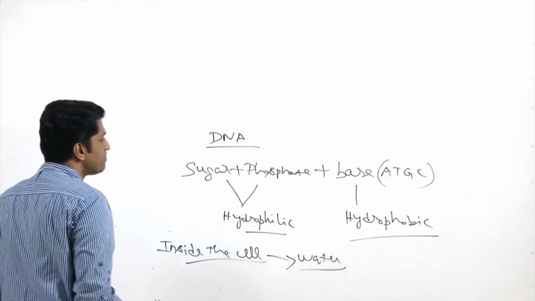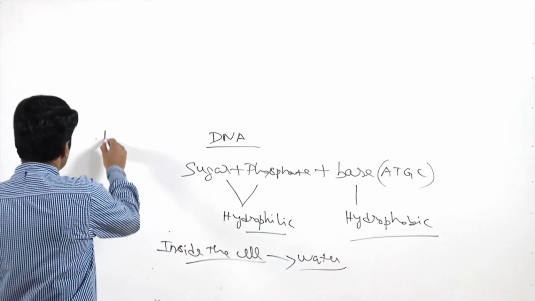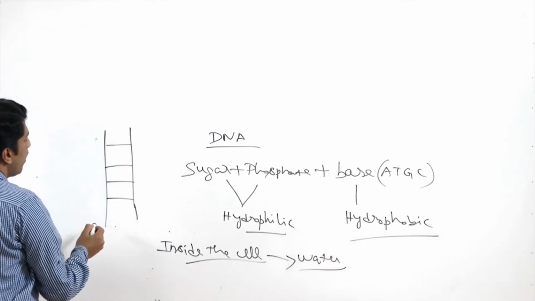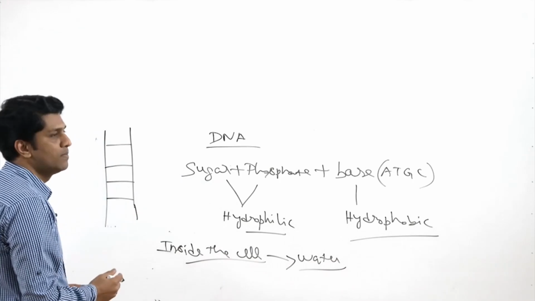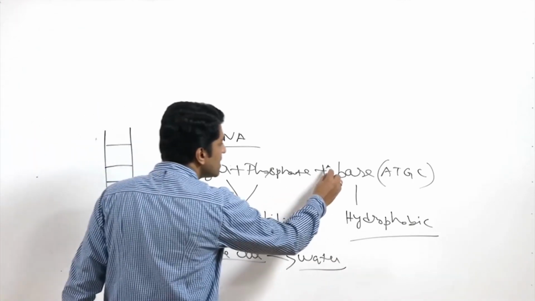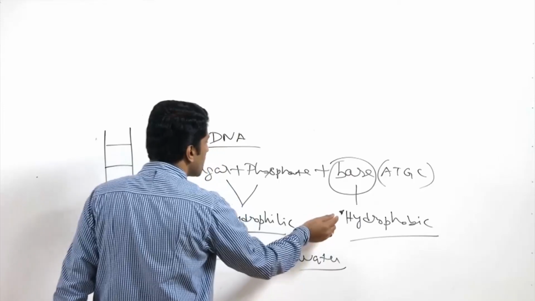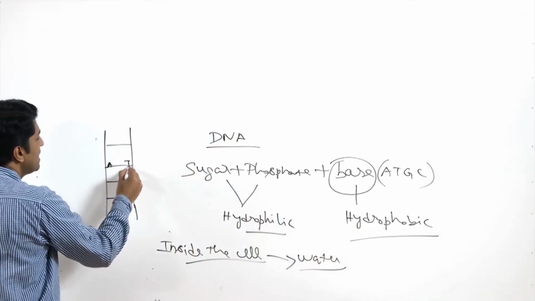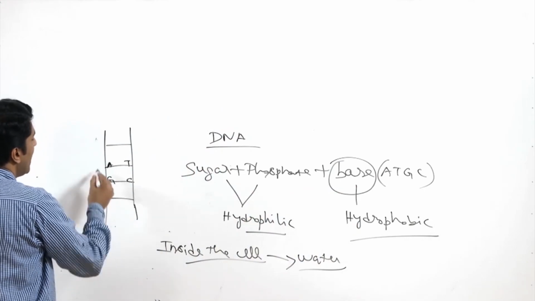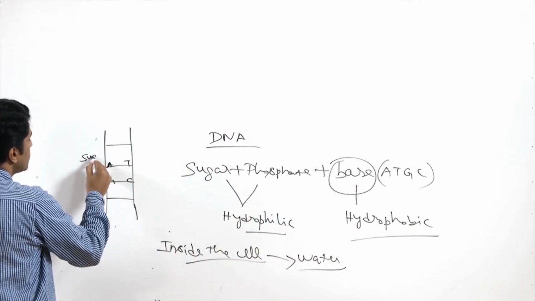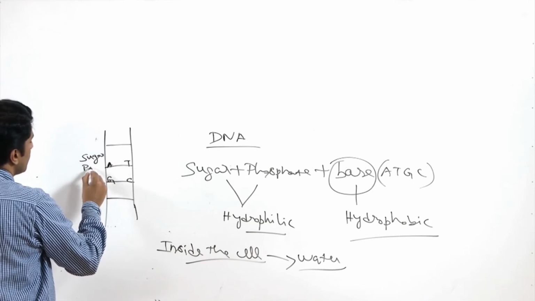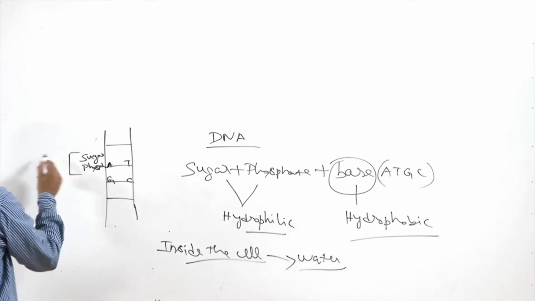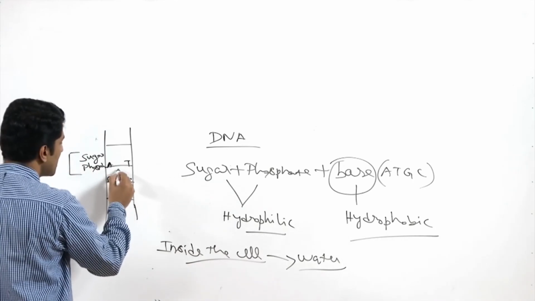So, if we have DNA like a ladder structure, the water molecules can disturb the structure, and the base has to escape from the water because it is hydrophobic. So, the bases will be inside and the sugar and phosphate will be on the outside, because these are water loving, and the bases are hydrophobic, that is, water repellent.